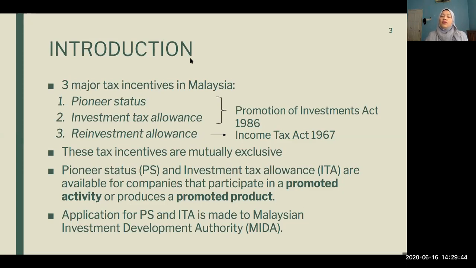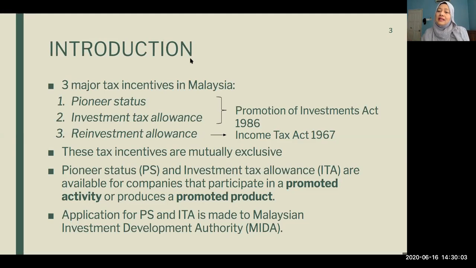And when you want to apply, you apply to MIDA, the Malaysian Investment Development Authority. This one is actually under MITI. So you have to submit your application for pioneer status or ITA to MIDA. MIDA will do a verification, everything.